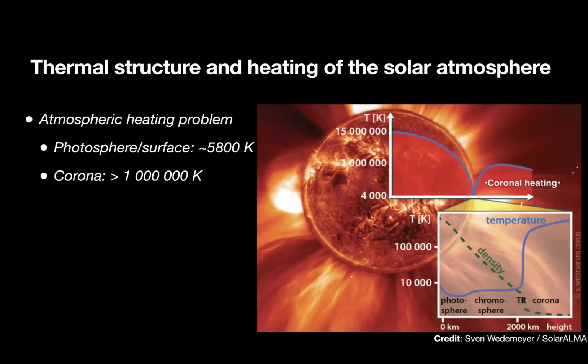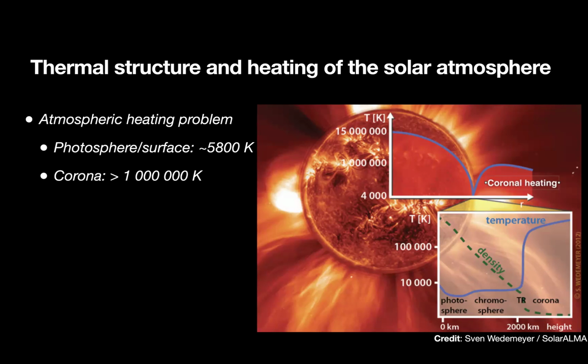So probably the biggest still unanswered question in solar physics, if not astrophysics, is that of the atmospheric heating problem, which is also referred to as the coronal heating problem in many cases. As you may know, the solar atmosphere is divided into 3 main parts.